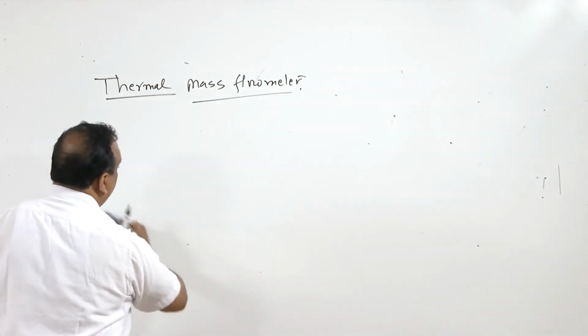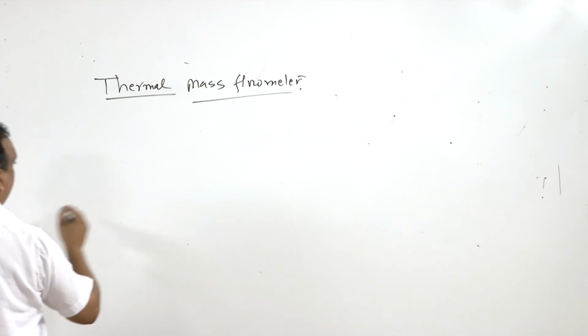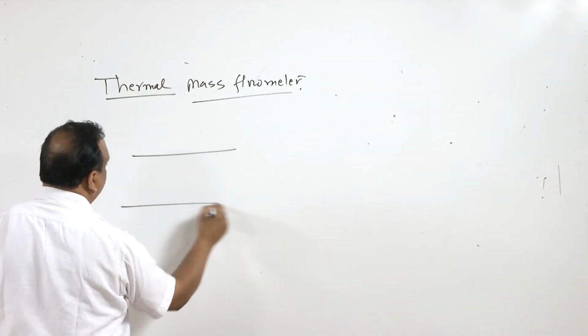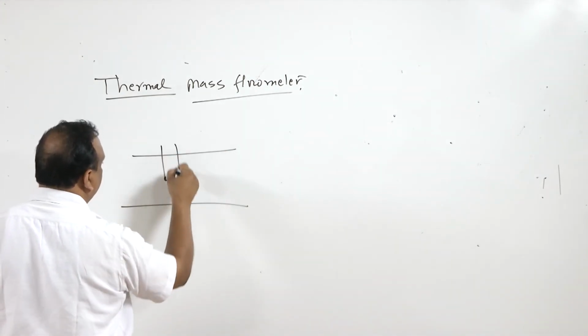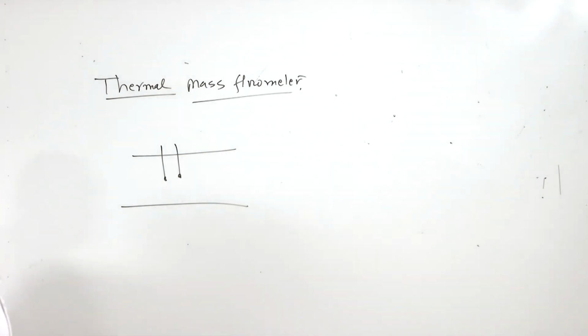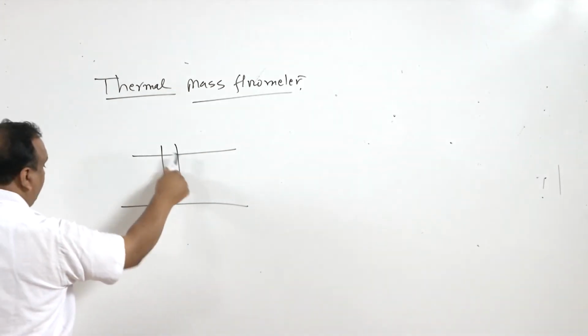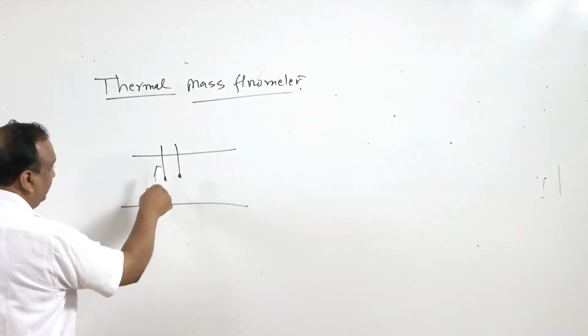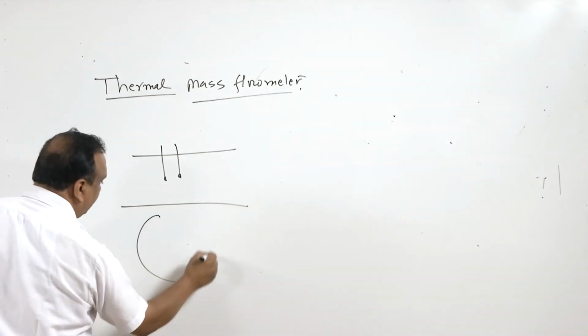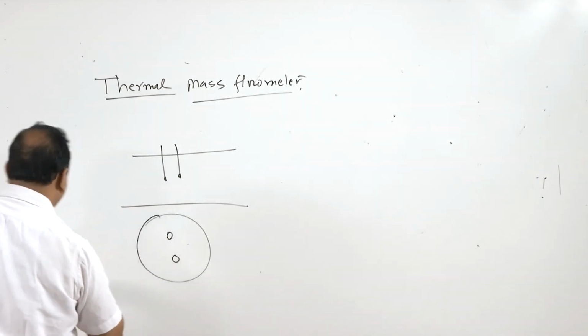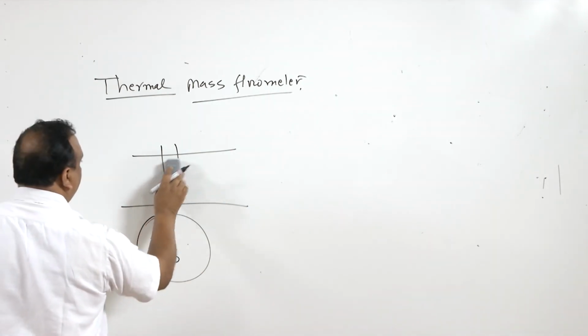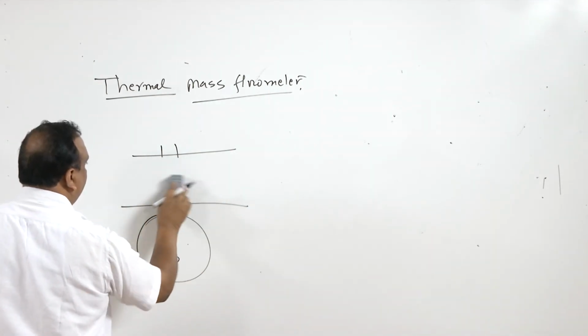in a tube, 2 electrodes are put. They are not one after another. They are side by side. The figure is something like this, right?